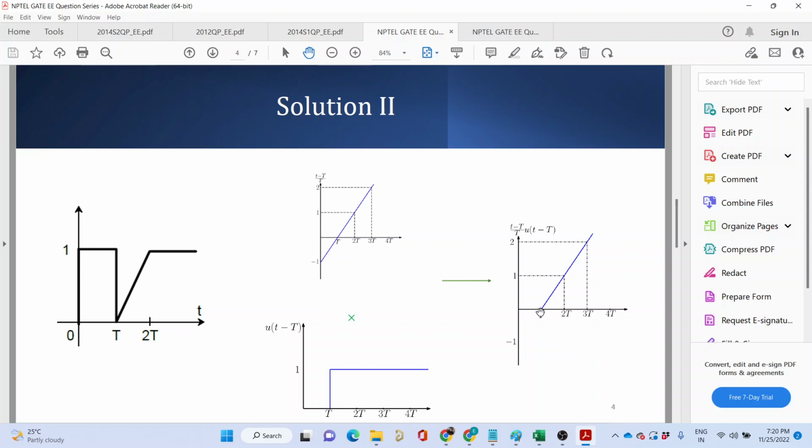So if you have a linearly rising function and you want to cancel that out and you want that to be fixed at some value, what do you need? Namrata, what would you need to do to cancel this out after 2t?